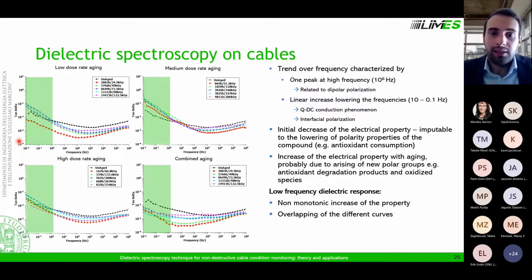So the interfacial polarization is very difficult to analyze without further, for example, chemical analysis or SEM analysis.